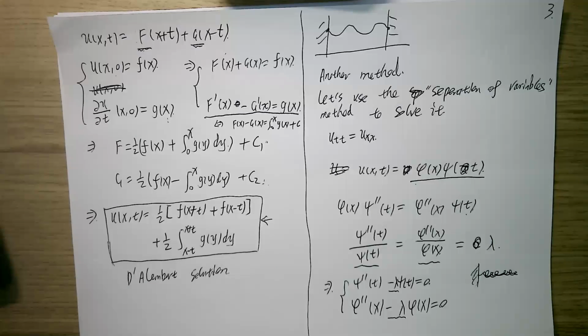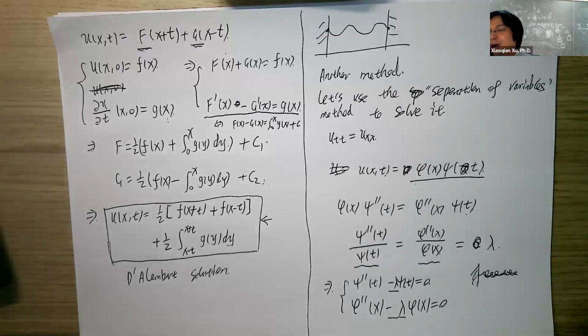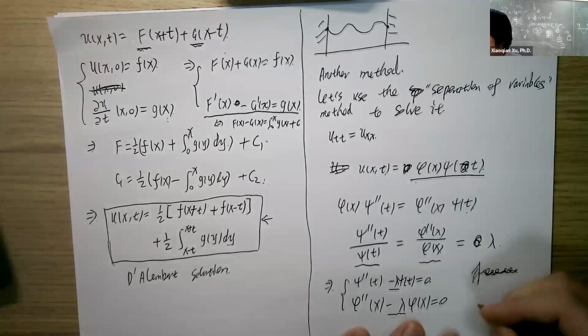I think it has something to do with exponentials. Yes, it's something like an exponential, right? It's just an exponential of square root of lambda times t, or the exponential of square root of lambda times x. This kind of solution, right? And plus minus, the exponential of minus square root of lambda at t or x. So the solution is of this type if lambda is positive.